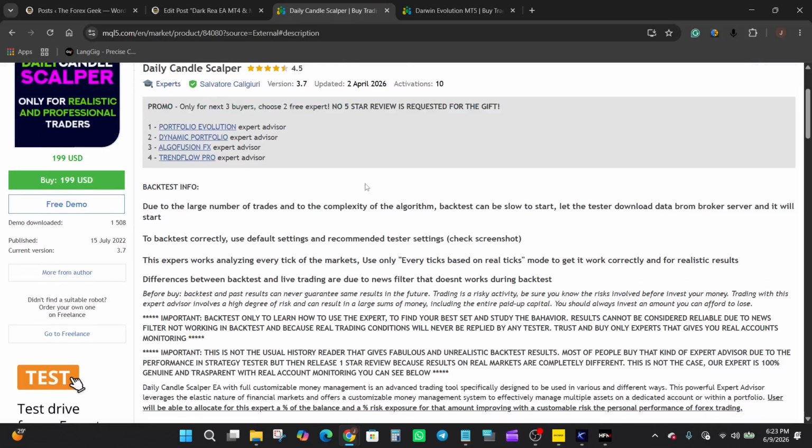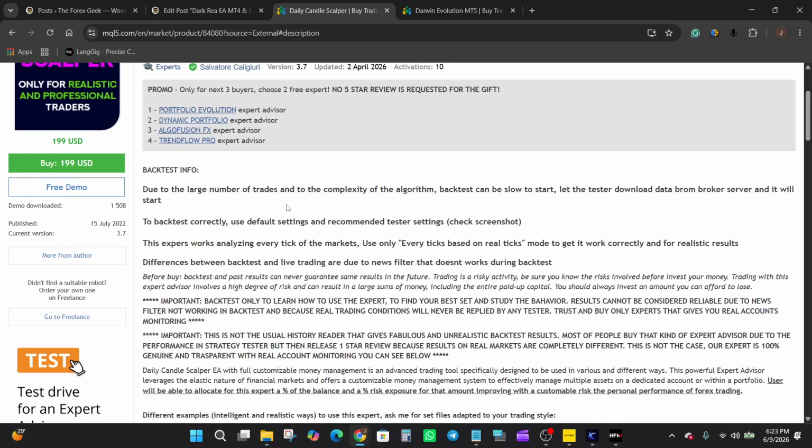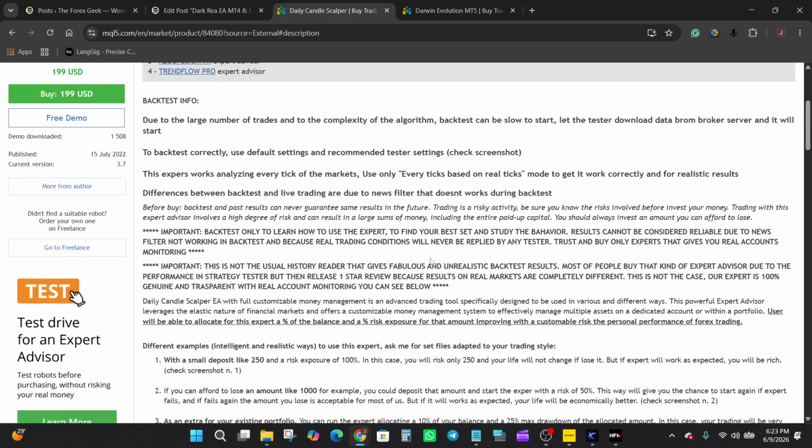Now, looking at the core description, this EA is built around what they call an elasticity strategy, where it tries to analyze price expansion and contraction across the market. The idea is basically to capture market reversions while working across multiple assets in a portfolio structure.